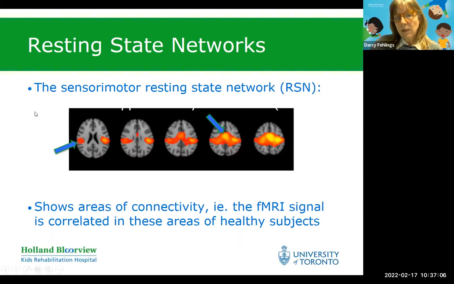There are several resting state networks that exist in our brain, but the one we were particularly interested in for this work was the sensorimotor resting state network. We all have one, and our resting state networks are very balanced. Here you can see a typical resting state network. The right side of the brain is communicating with the left side of the brain. It's very symmetrical.